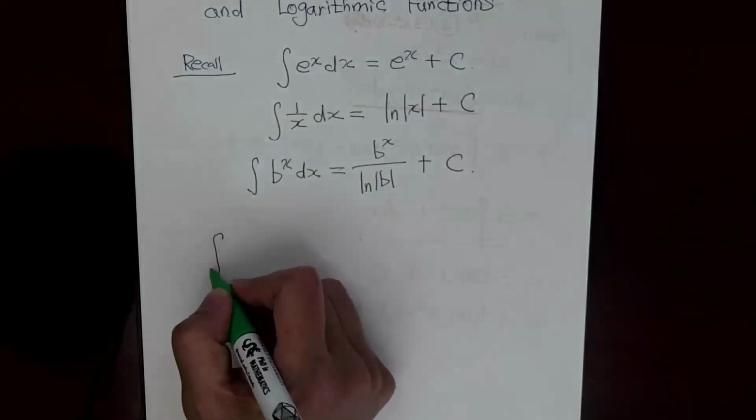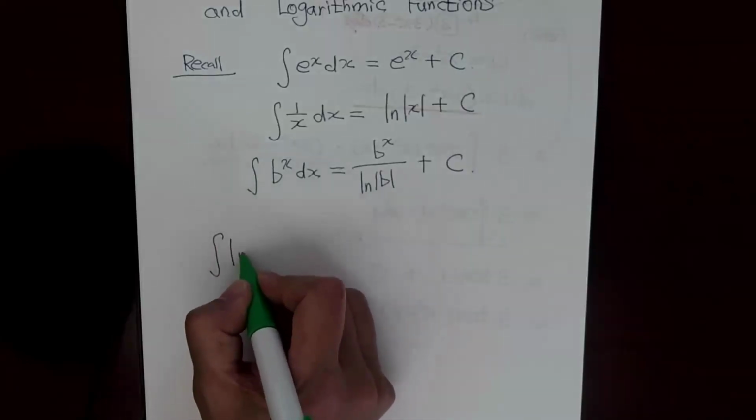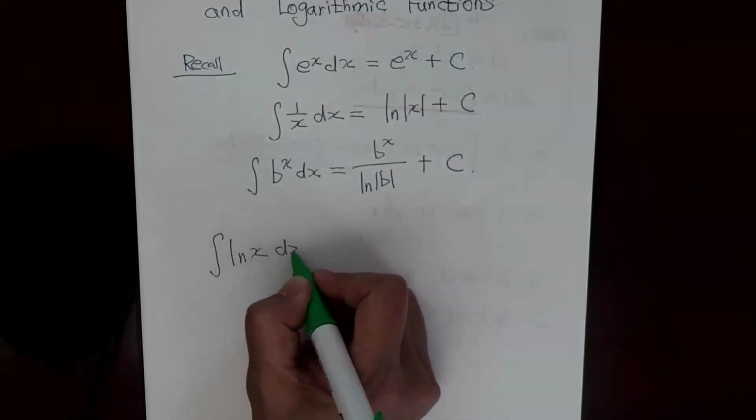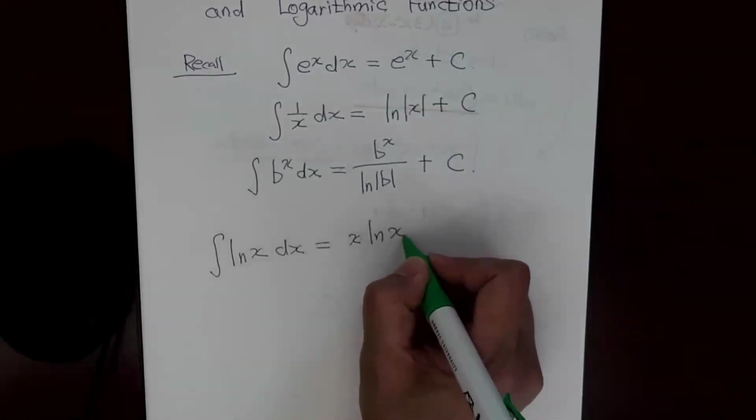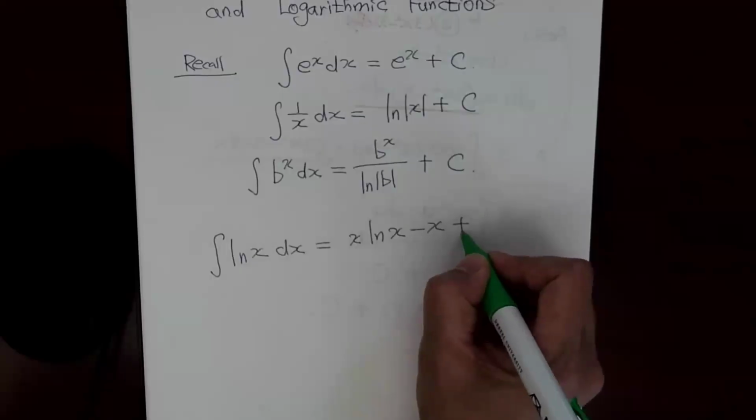And then if we integrate natural log of x dx, that is x times natural log of x minus x plus c.